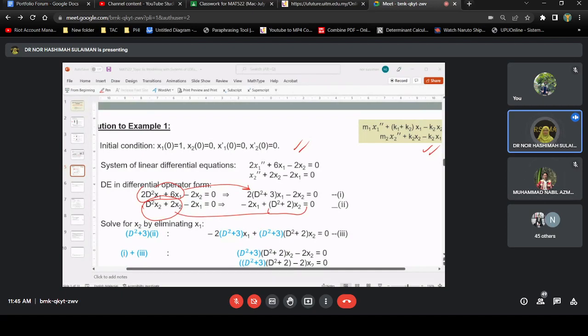Okay, siapa saya nak tanya lagi ni? Dini ada, Dini Sofia. Which equation would you prefer? The first one or the second one? Dini ada tak Dini? Dini Sofia? Siapa nak tolong Dini Sofia? Farah Ain ada? Nurul Farah Ain.